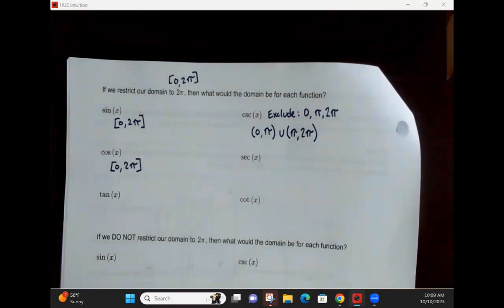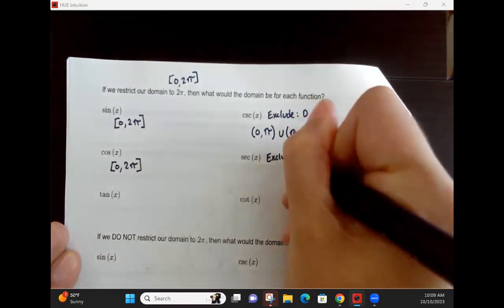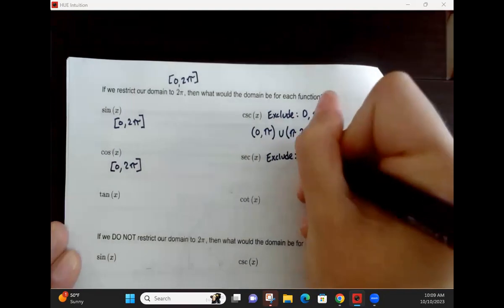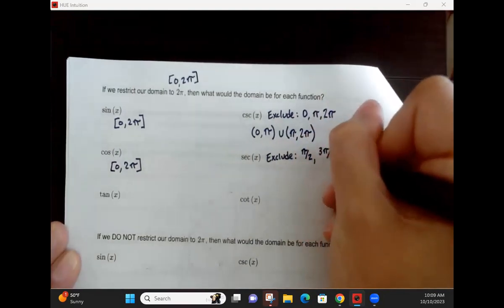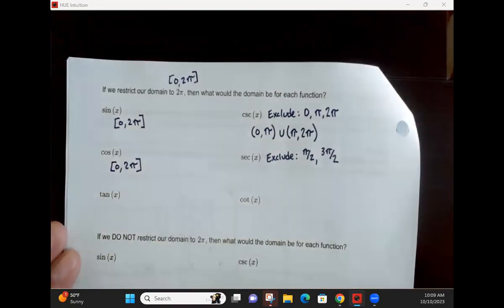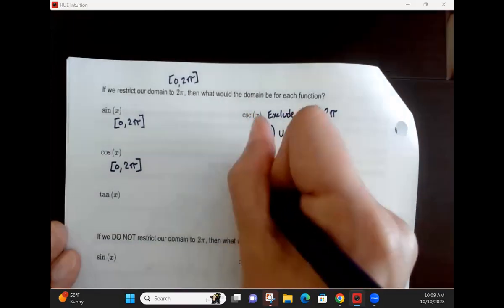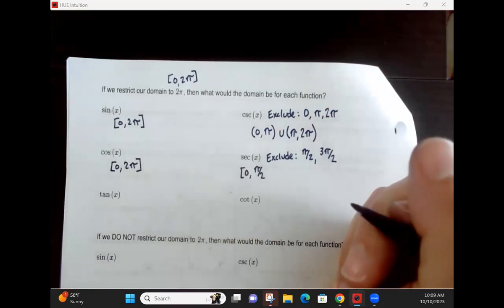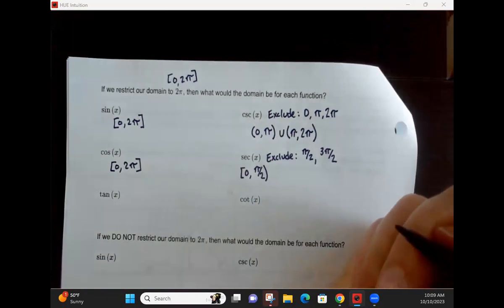For secant, we have to exclude any place where the x value is 0. So that's pi over 2 and 3 pi over 2. So our domain would be 0 to pi over 2. 0 gets a bracket because we can have 0, but pi over 2 needs a parenthesis because I cannot have that value. We're undefined there.